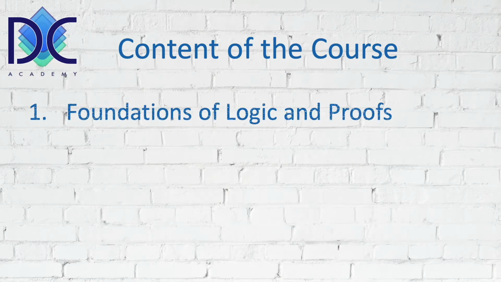First of all, we look at the foundations of logic and proofs. Here we're going to introduce the elements of logic, propositions, compound proposition, and proofs. Proofs are very important in discrete mathematics and in IT because when we want to use an algorithm, or when we want to prove or use a kind of formula or some logical combination, we have to be sure that it is correct in all circumstances.